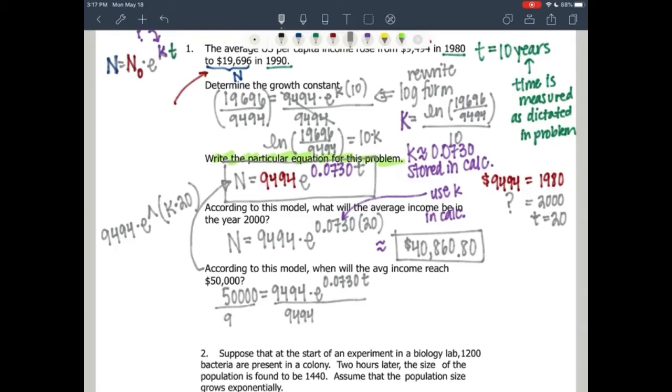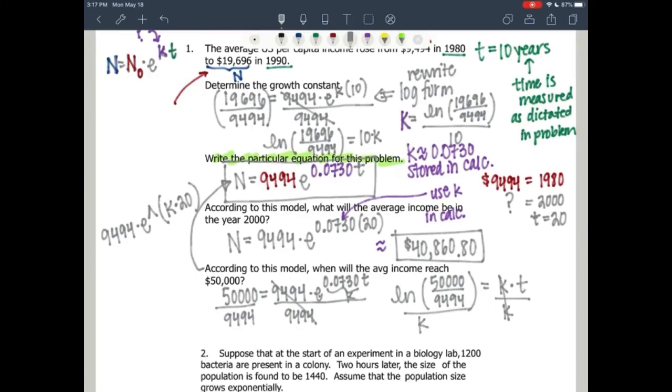You know what's interesting is I remember even taking these classes. When you get the practice, you get so proficient at putting this into your calculator and doing the algebra that it's seamless. The natural log, because log base E is natural log, of 50,000 divided by 9494 is equal to K times T. And remember, your K is stored in your calculator.